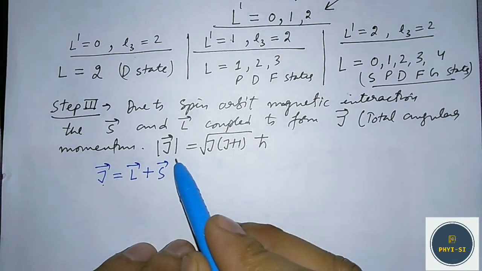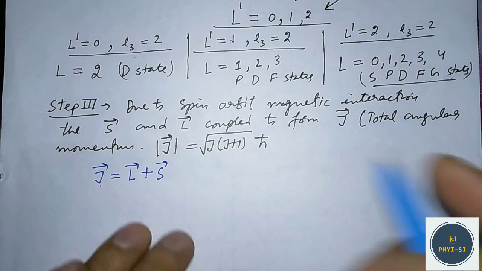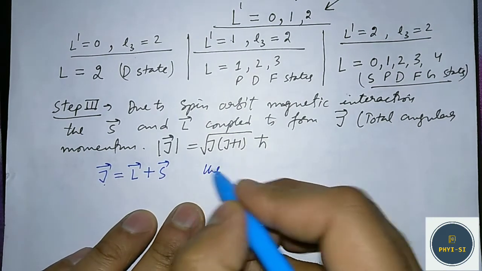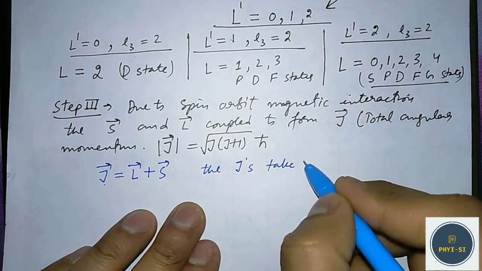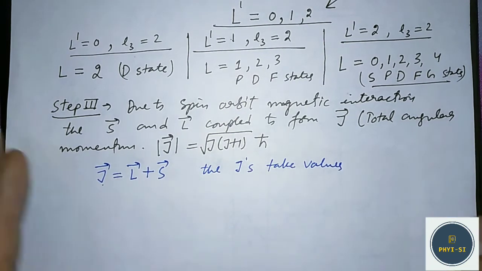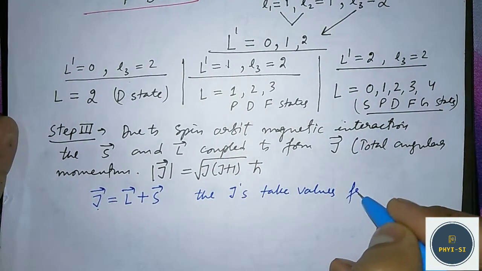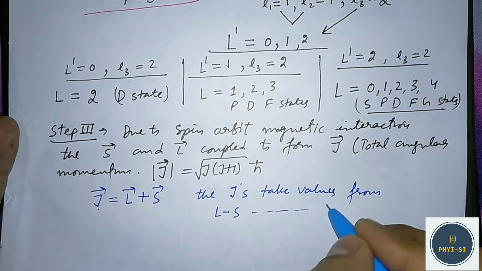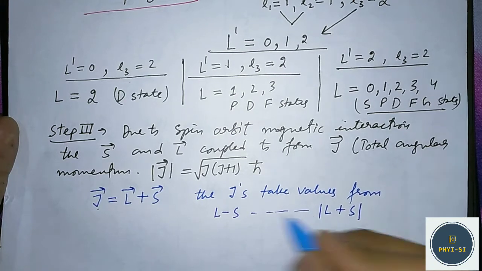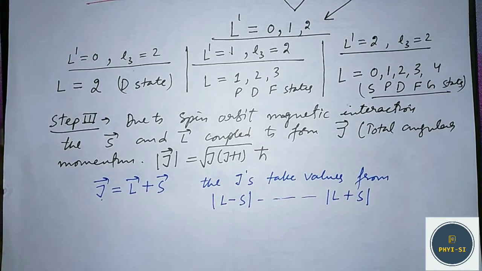The J's take values from L minus S to L plus S. In the next lecture or two, we'll discuss the problems of this LS coupling. So we'll see how we can combine J's.